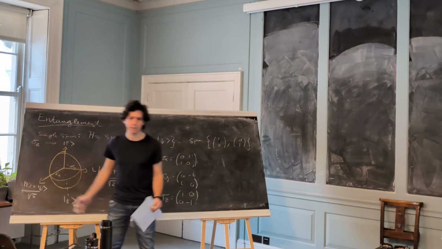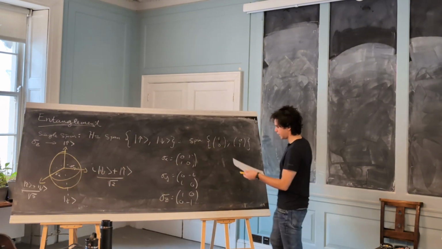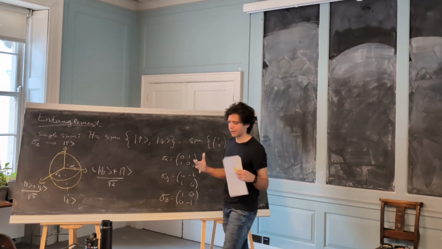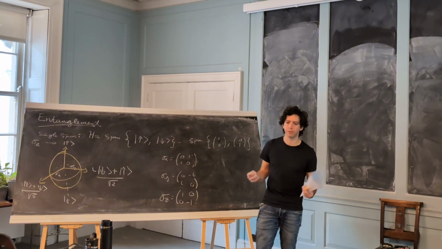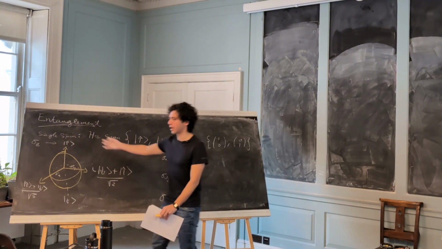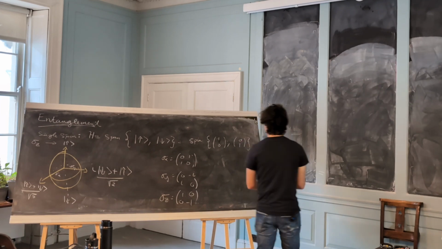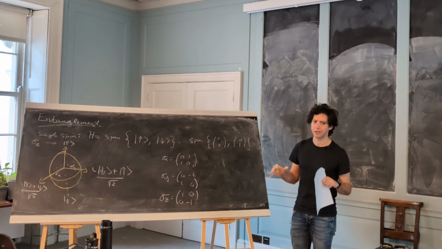This is the sigma x basis, and there's the sigma y basis. Okay. So this is a very uninteresting quantum mechanics. There's only two states, and you can take linear superpositions of them, which is why you fill out this sphere. What's interesting is when you consider tensor producting this Hilbert space.